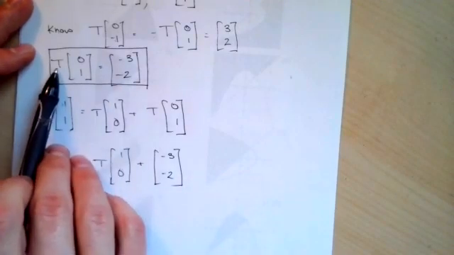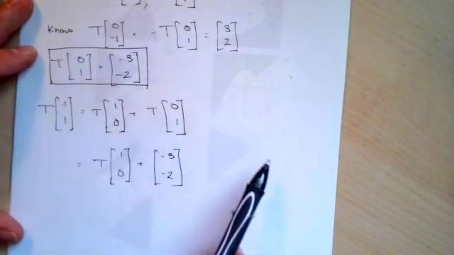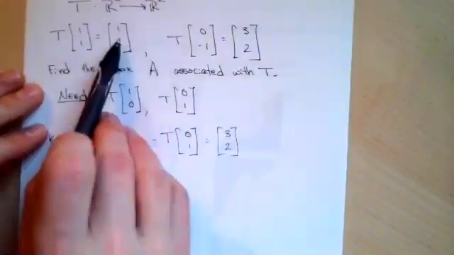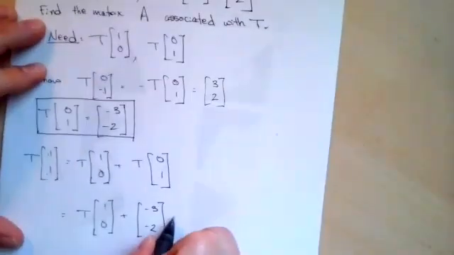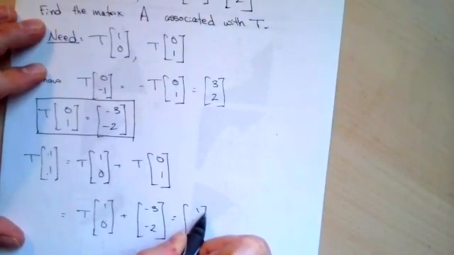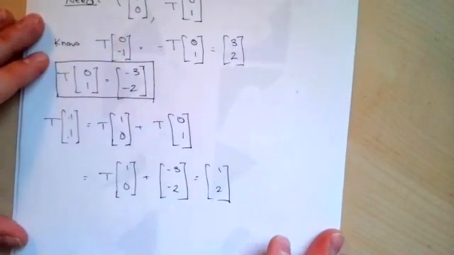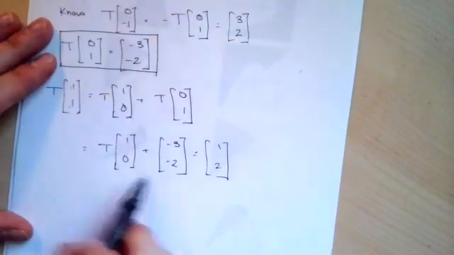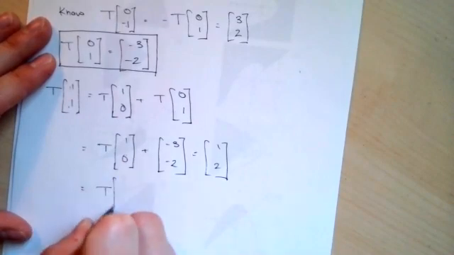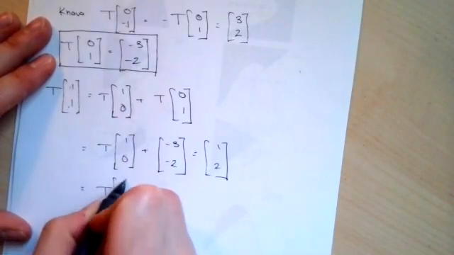And now the image of (1, 1), we were also given the initial condition that it is overall (1, 2). And so now we can solve and determine where the image of this vector is.